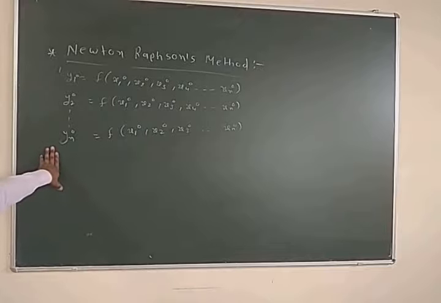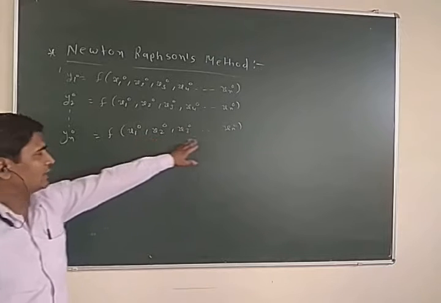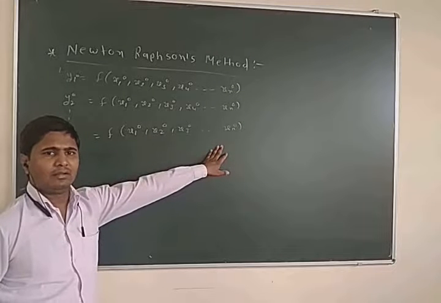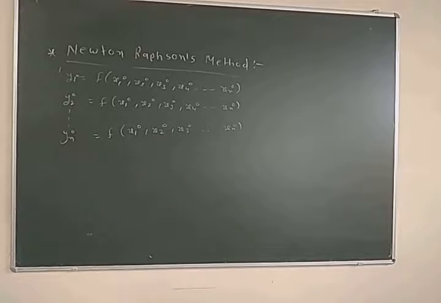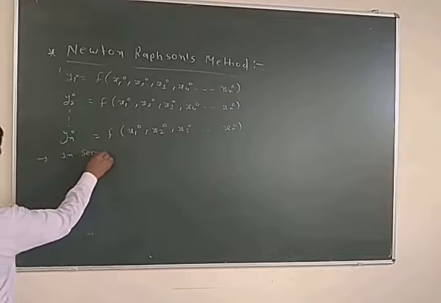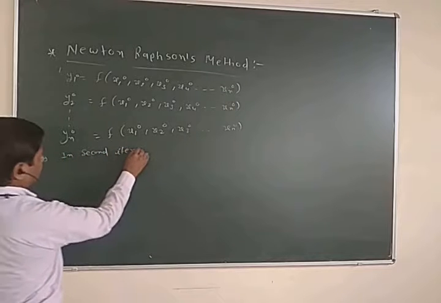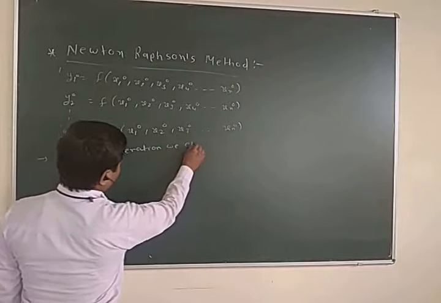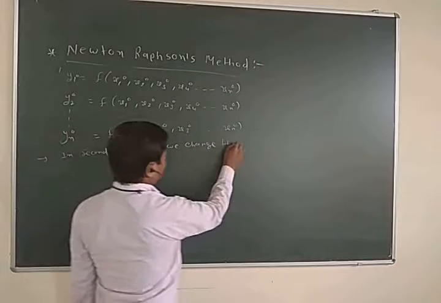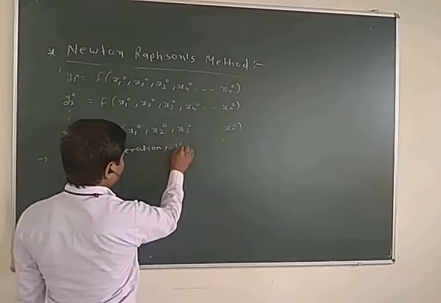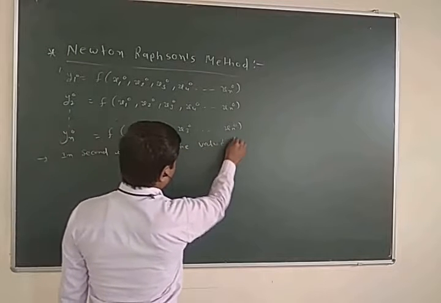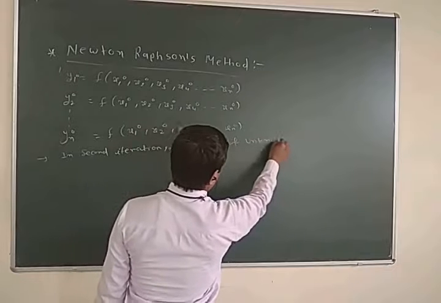Now we go towards solution. For next equation, we change the values of x1, x2, x3 dot xn to get a valuable result. So now in second iteration we change the value of unknown variables.